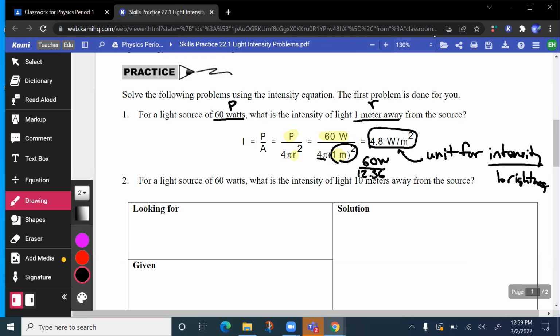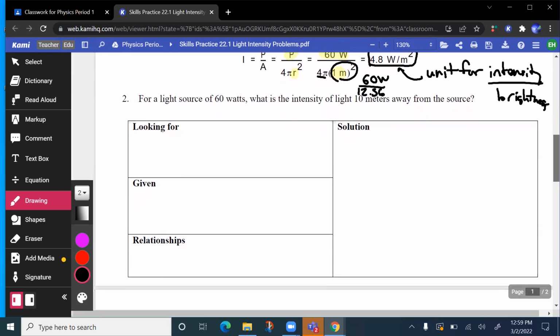Number 2. For a light source of 60 watts, watts is power, what is the intensity 10 meters away? That is our new radius. So we're looking for intensity. We are given 60 watts of power. We are given a radius of 10 meters away.